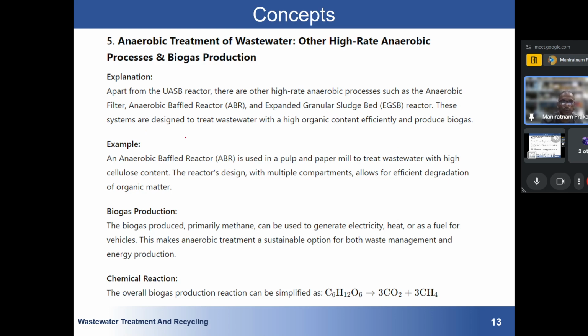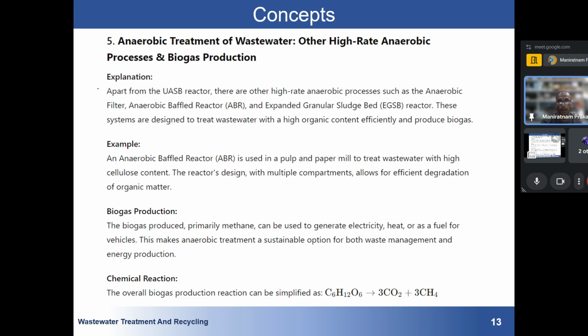These are generally not used in India. But the UASB reactor you can see if you visit any treatment plant, generally near an industry. For example, in Kanpur we have a huge UASB because of the tannery industry.